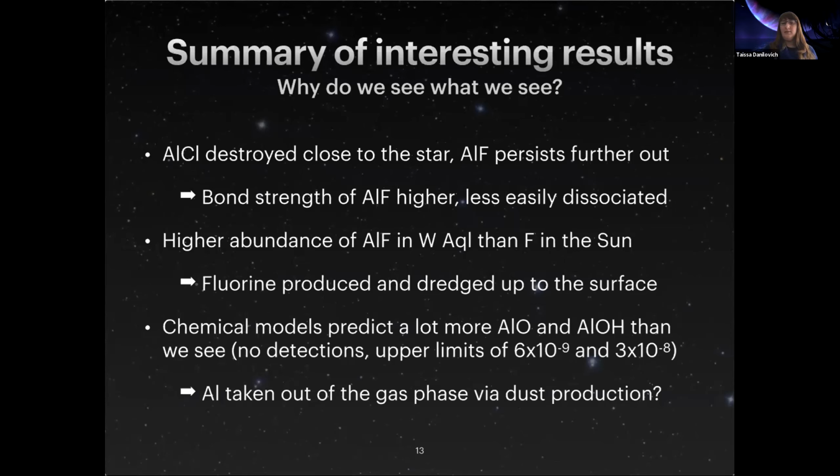Is it just that there's not much oxygen? But both AlO and AlOH are formed from reactions with water, and we do see water towards W Aquilae with a high enough abundance that this shouldn't be a problem. So this is also a bit surprising, since it's thought that AlCl and AlF are formed from reactions with AlO and AlOH with the hydrogen halides HF and HCl. So chemically speaking, this remains a little bit surprising.